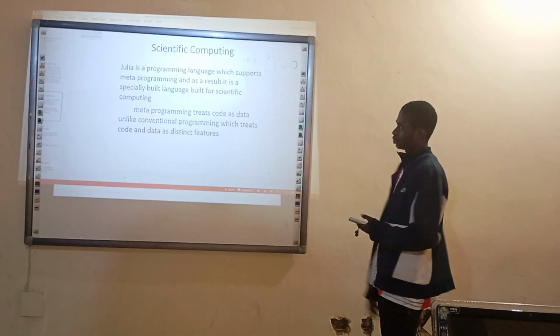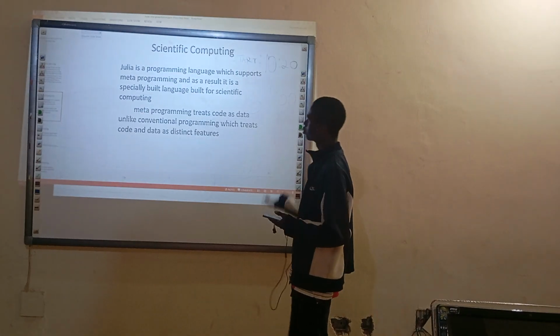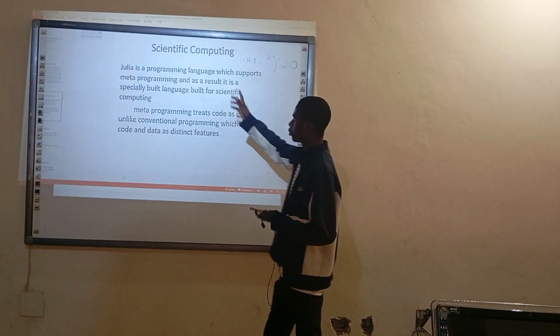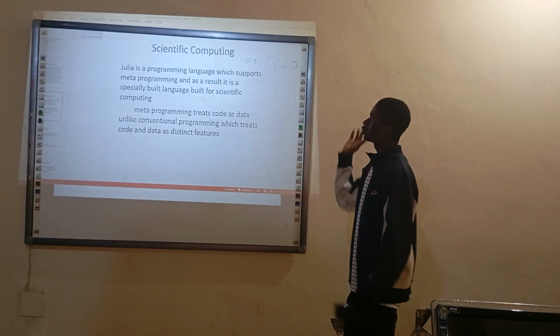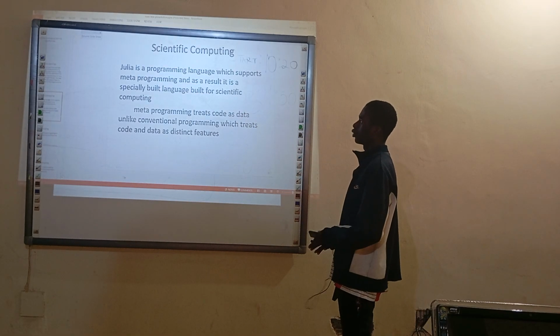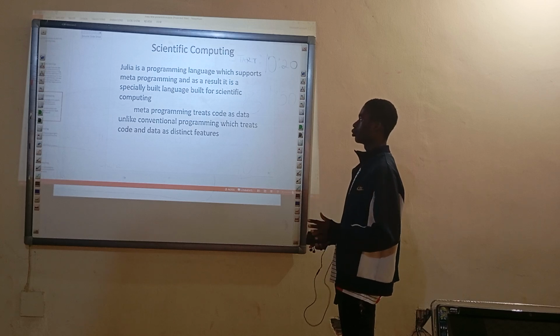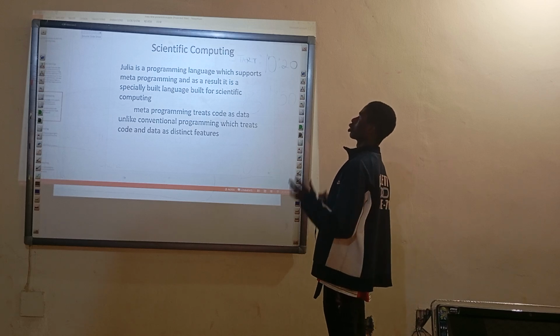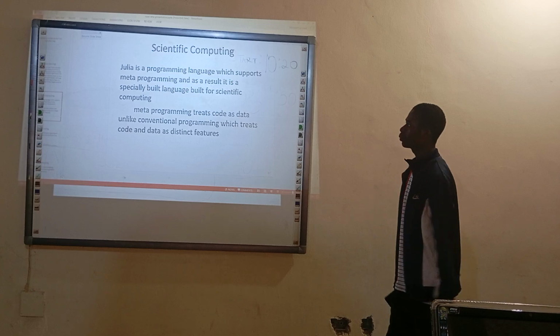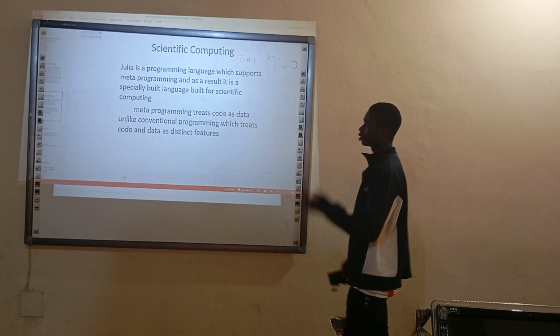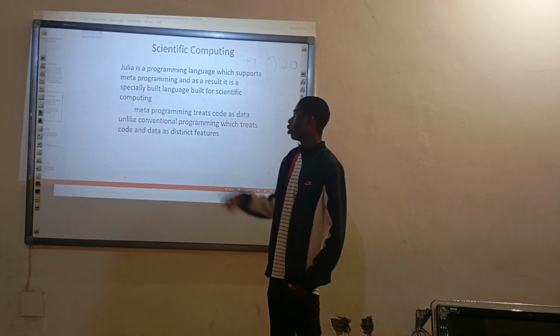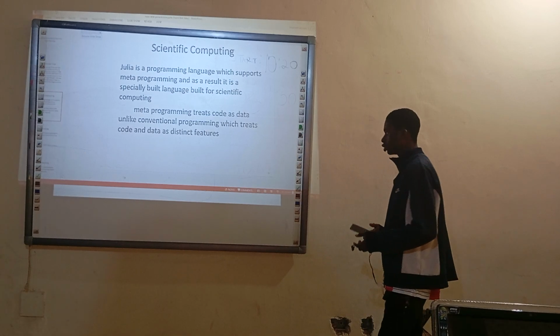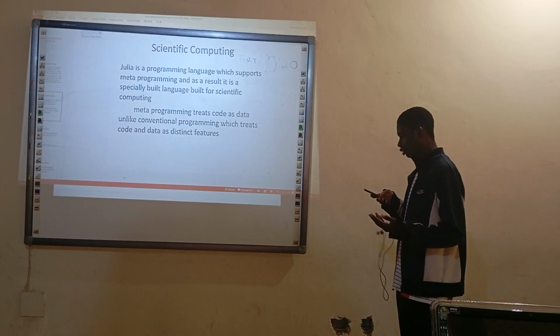Then another aspect of technical computing is scientific computing. Now, Julia is a programming language which supports metaprogramming, and as a result, it's a specially built language used for scientific computing. Metaprogramming treats code as data, unlike conventional programming, which treats code and data as distinct features.